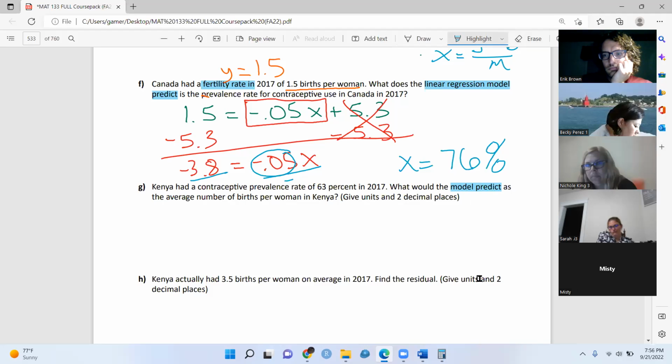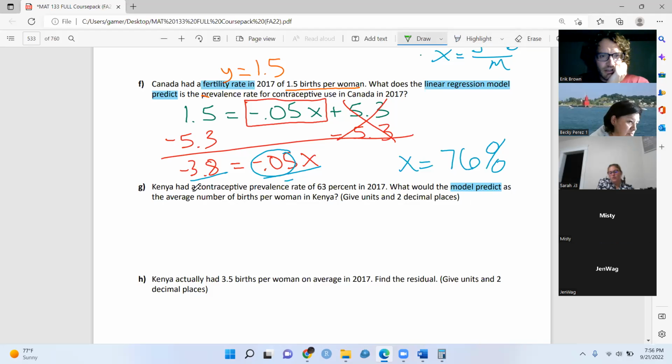It's given us the Y value instead of the X. No, let's see, it's giving us the X value instead of the Y. Oh, yes. Right? So they're saying, hey, the contraceptive prevalence rate is 63%. Oh, we know that that is an X variable by looking back at the graph. The other thing is to look at the units on the numbers. This is a 63%. X was in percentages. So we know X, and it says, what's the model going to predict?